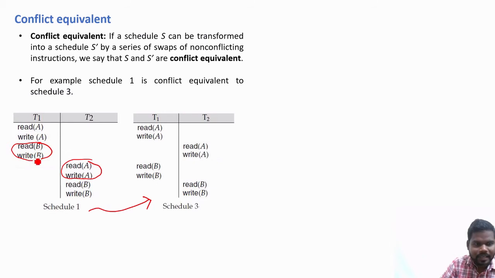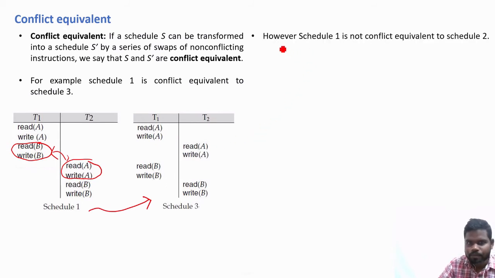Read B, write B of T1 can be swapped with read A, write A of T2, so read A and write A will come before read B and write B. That is why schedule 1 and schedule 3 are conflict equivalent.